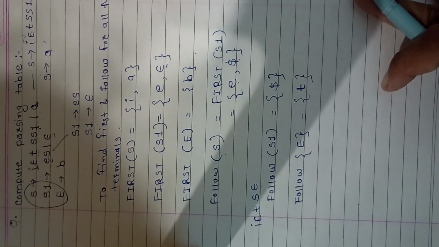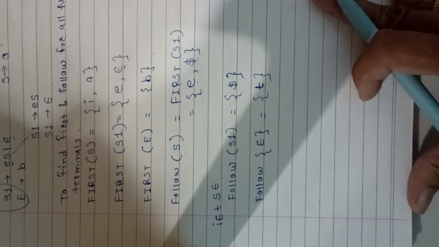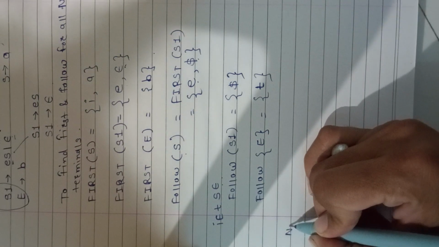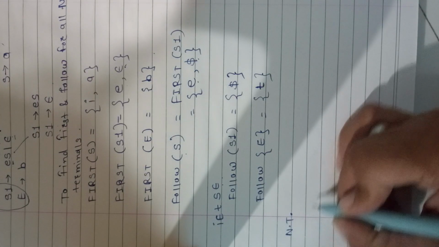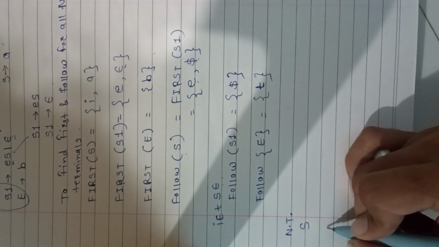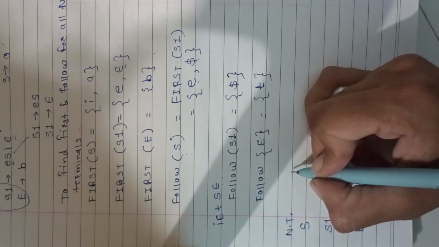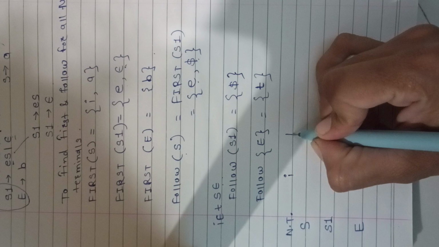Then using this we can construct a parsing table. Here we write all the non-terminals. What are the non-terminals? The non-terminals are S, S1 and E. And here all the terminals can be written, that is i, t.